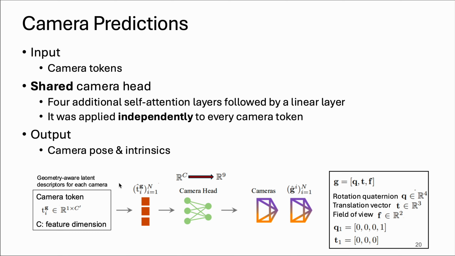We discussed register tokens, so we are left with camera tokens and image tokens. We collect all of the camera tokens and feed them through this camera head.